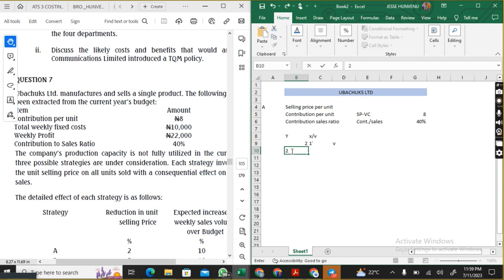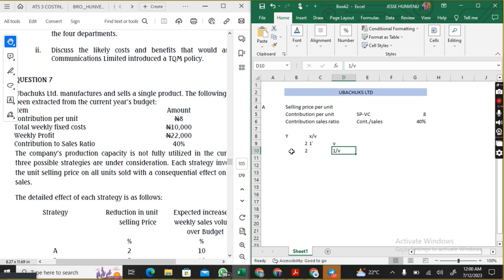Since we are looking for V, normally 1, that is X, over V will give us Y, and they have given us Y, which is 2.